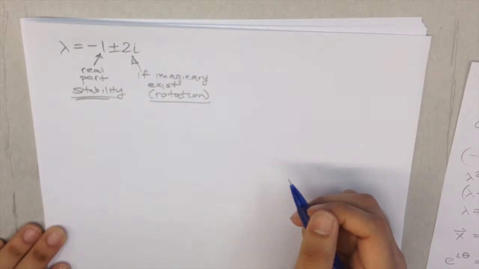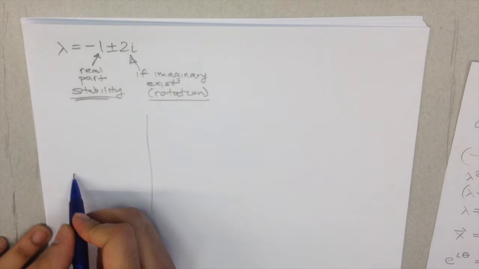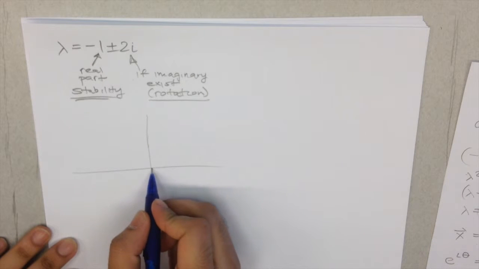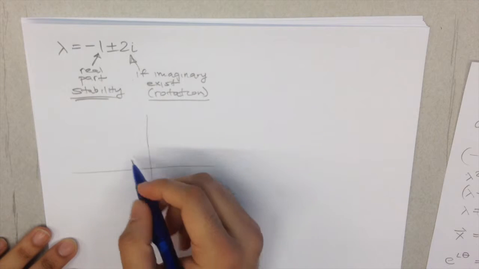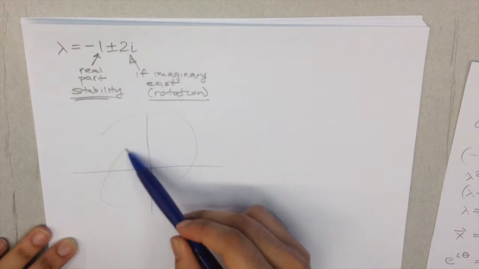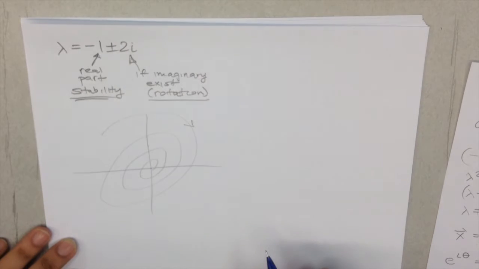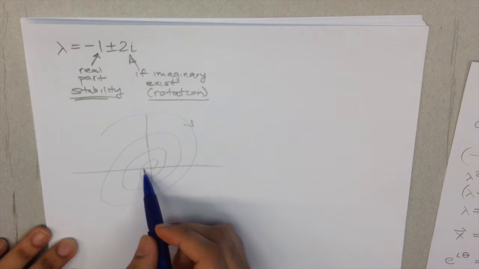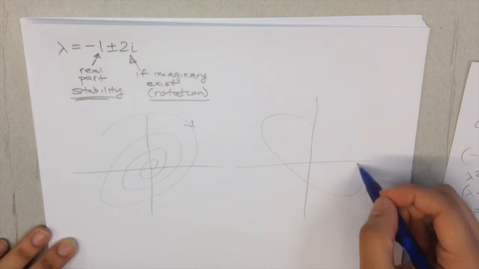Okay? So when we try to graph this, if we start from a point away from the origin, our solution will spiral into the origin, like so. However, people ask, how do you know it's this answer versus an answer like this?